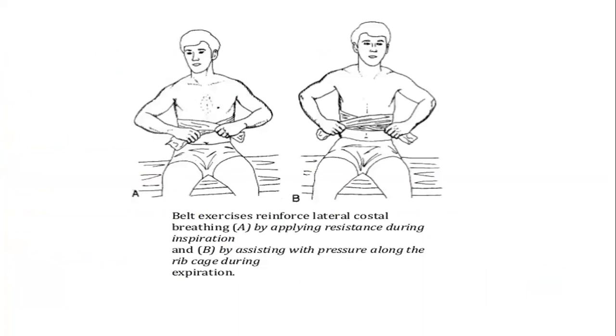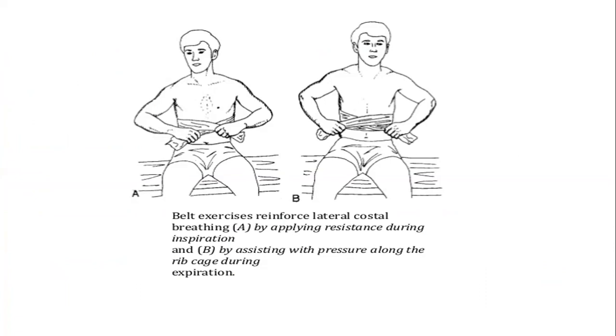The patient can still do this also on their own. You can teach them. They can use some kind of a cloth around their chest, tie it, and when they are breathing in, let them breathe against the force of that cloth. And when breathing out, this cloth should be tied so that it helps to push the lung up. Okay, I mean to recoil the diaphragm.